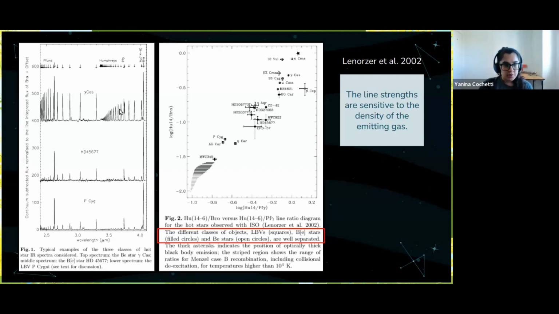So you can see here a spectrum that they published. Here is a spectrum of a BE star, a B[e] star, and an LBV star in the L-band. You can see here the Brackett alpha line, Brackett gamma, the Pfund series, the Humphreys series, Pfund delta.